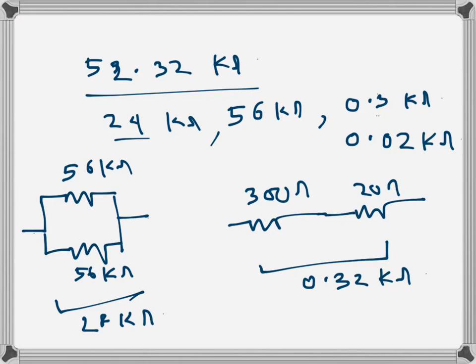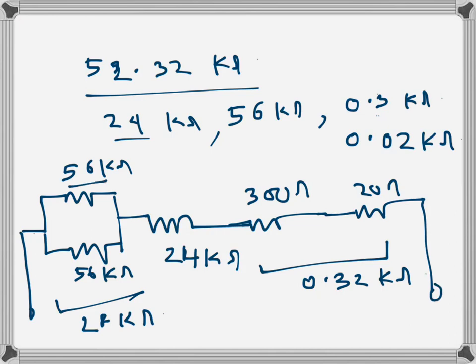So if we just add these 24 kilo ohms in series, we will get our desired 52.32 at this terminal. So these two in parallel, then 24 kilo ohms in series, and then 320 ohms in series as well will give us 52.32 kilo ohms.